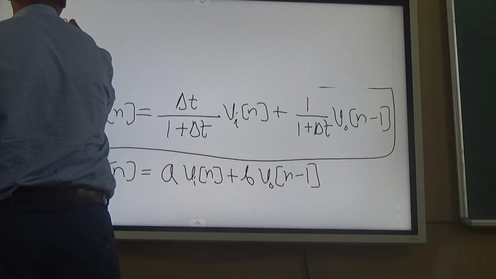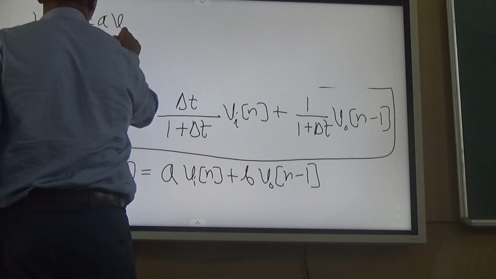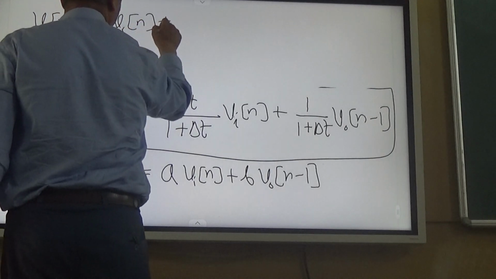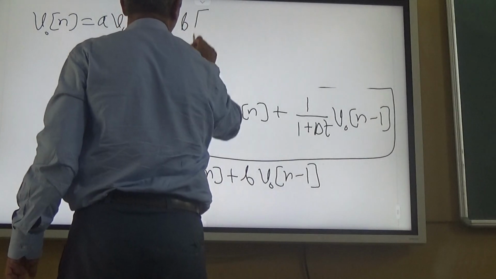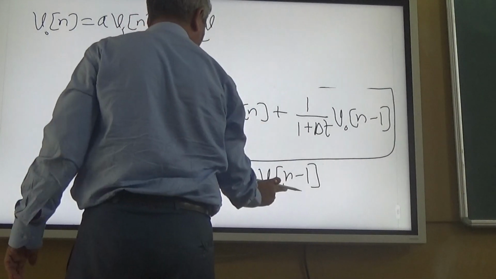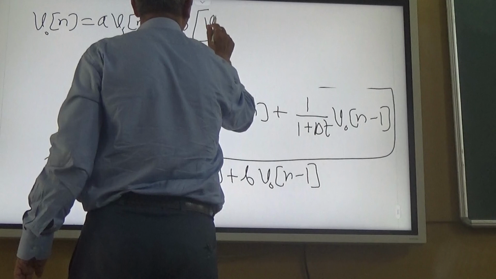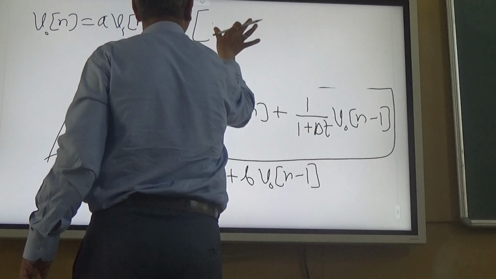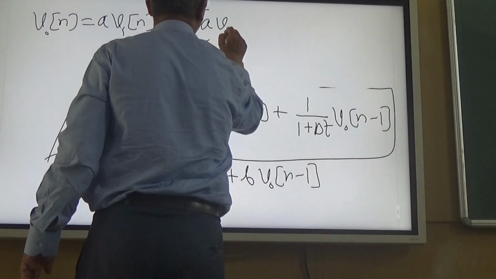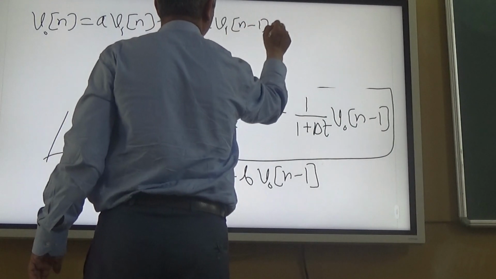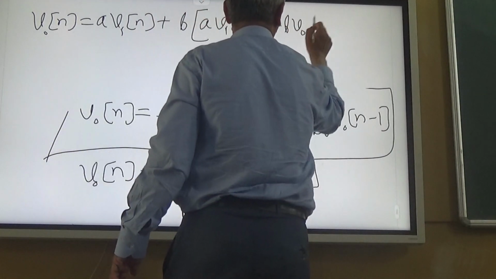VON is equal to A VIN plus B into bracket. What is VON minus 1? B into bracket A VIN minus 1 plus B VON minus 2.